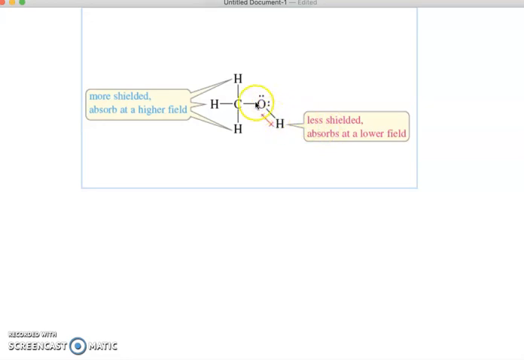It pulls the electrons towards it. So the hydrogen is in a less shielded or less electron dense environment. On the other hand, carbon is not very much more electronegative than hydrogens. It doesn't really pull electrons away from them at all. So these hydrogens on the carbon are more shielded. They're in a higher electron density environment.